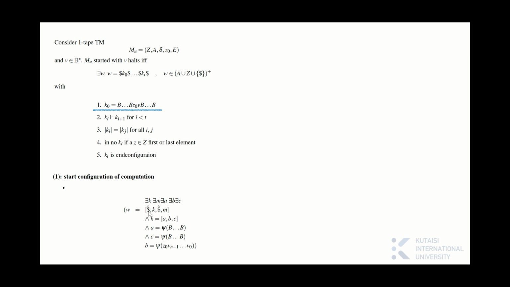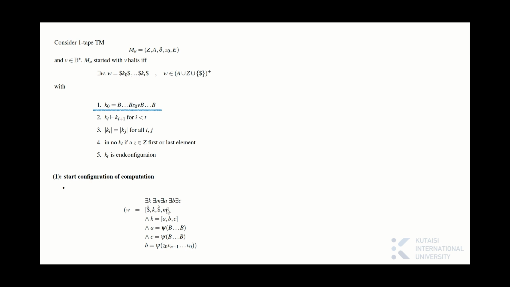dollar, so this is what it means, then something, K, so K is supposed to encode this whole thing. Then again a dollar, meaning some number whose code is a dollar. Basically, that's what this means, right? It's a number, but it's basically a string. So this represents this dollar, and then there's something M concatenation that represents the rest of this thing. So W is dollar, something, dollar, and the rest.